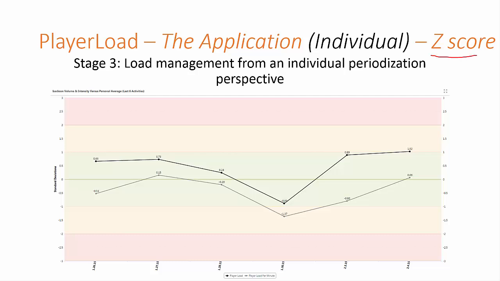This is going to tell you, based on a 0, my average, and if we just focus on the black line, total player load, am I 1 standard deviation above, or 1 standard deviation below? You can even tell it within half a standard deviation, but by the statistical rule of thumb, anything above a standard deviation and anything below a standard deviation is considered significant.